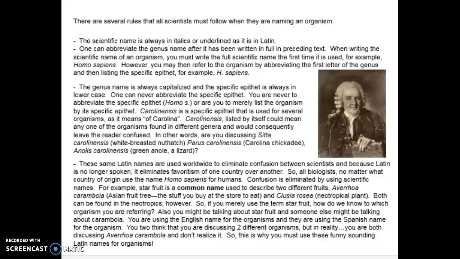Latin was primarily used because that's the language that was spoken when this was first started. It's also still used because, for the most part, Latin is, I hate to call it a dead language, but not a very common language. So it retains the integrity of the names, because it is not constantly changing and adjusting.